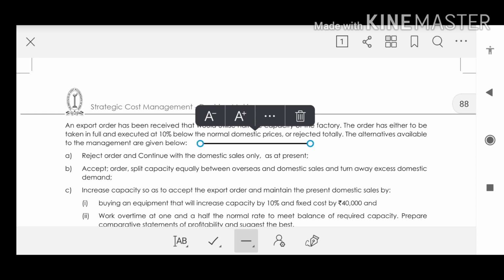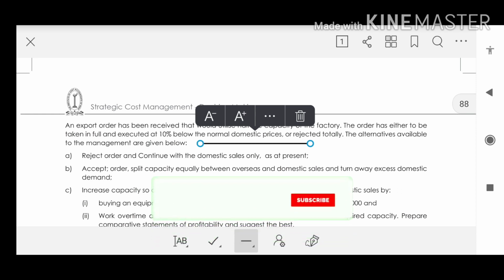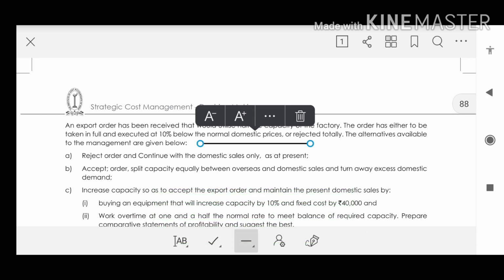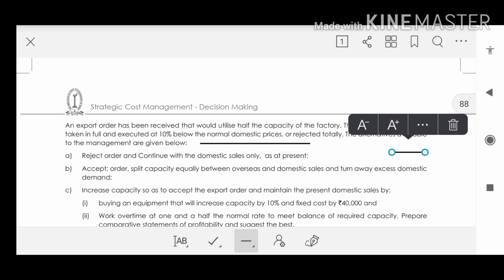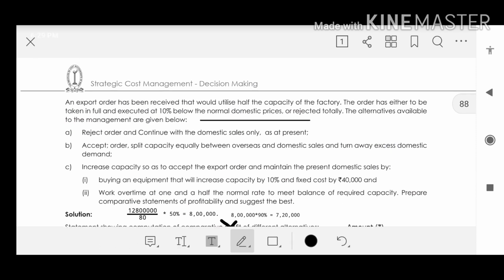For example, if the price is 10 rupees in the domestic market, 10% below the price, that is at 9 rupees, you will accept the export order, or else you have to reject it totally. Then they have given the following alternatives. The first alternative is we have to reject the order and continue with the domestic sales only.